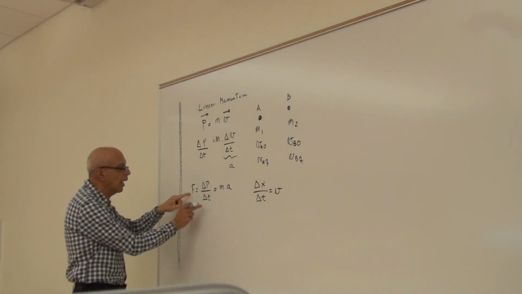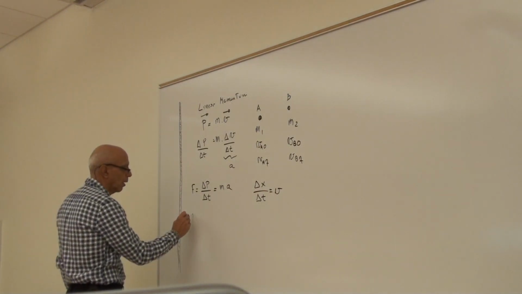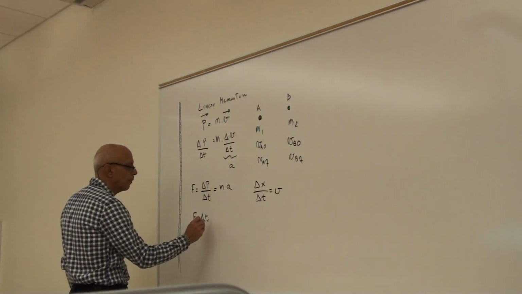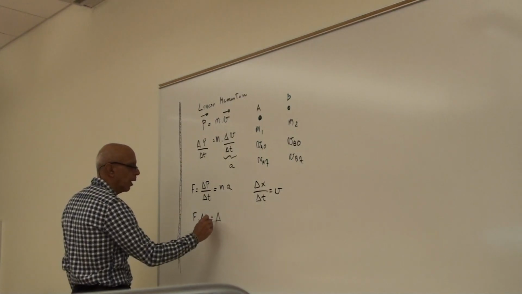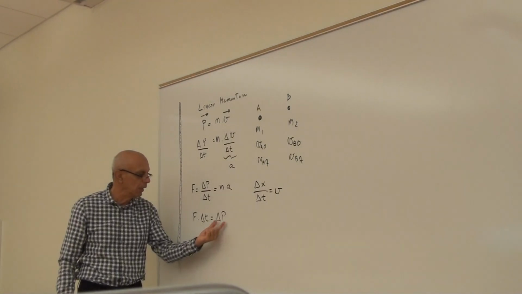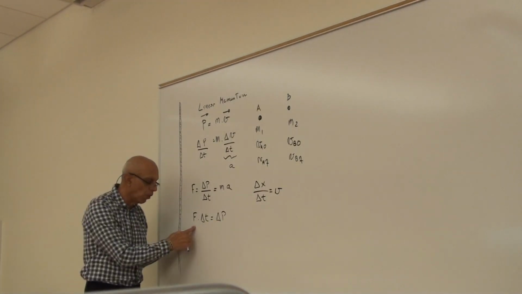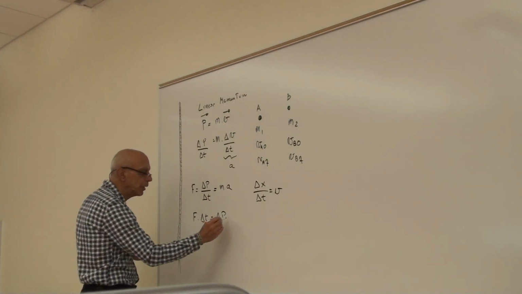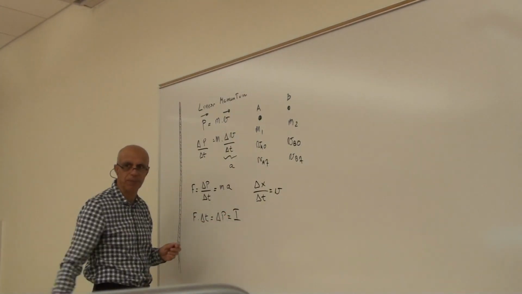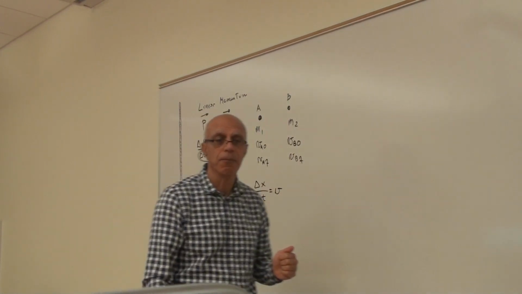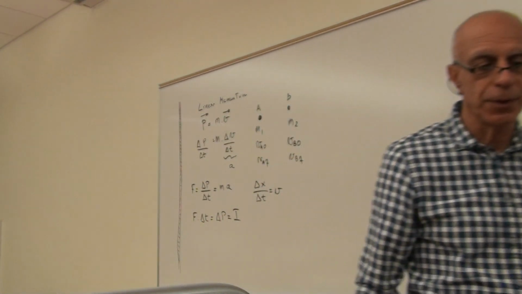Now, if I multiply these two, F times delta t is going to be equal to delta P, so the change in momentum is equal to the force times delta t. We call this impulse. Okay? This is what we call impulse.